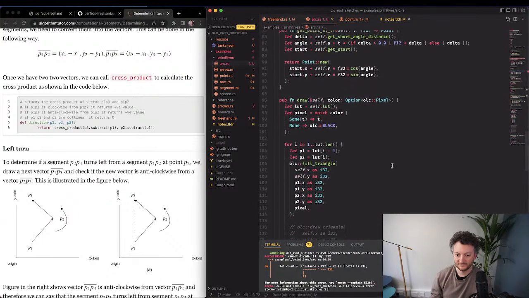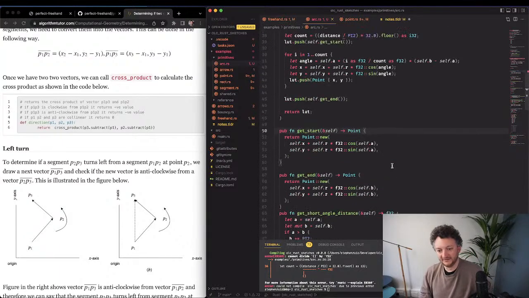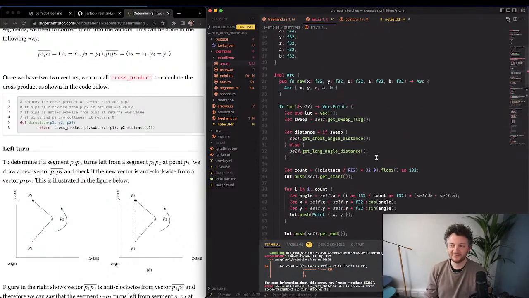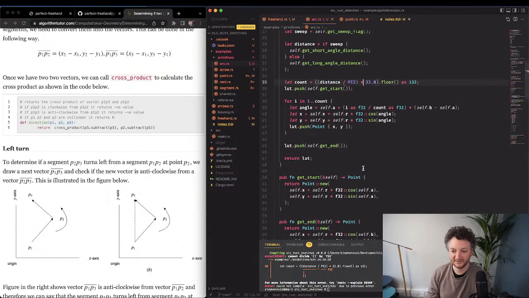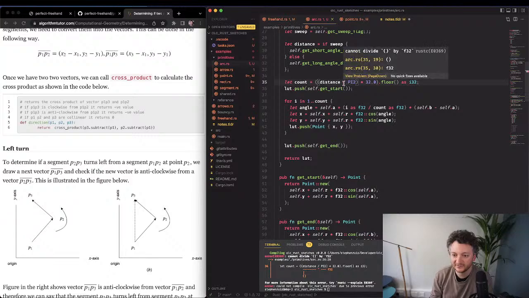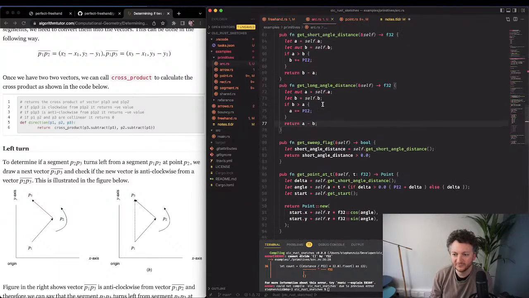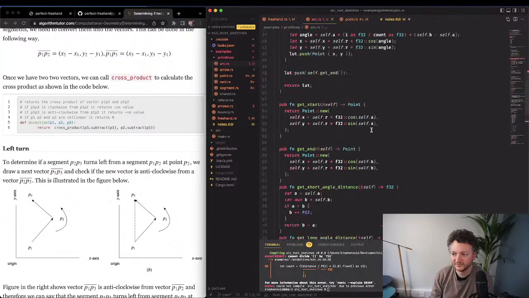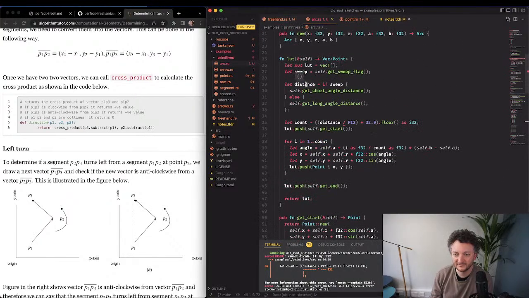I might have to leave this for today. It's getting a little too late, but it is an interesting problem, so it's hard to walk away from. Right, both of these things return float 32s. Distance is going to be sweep else.